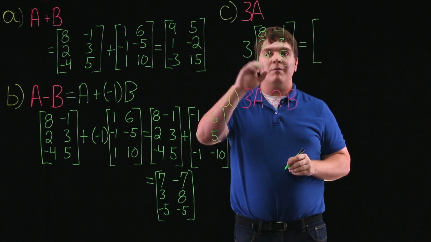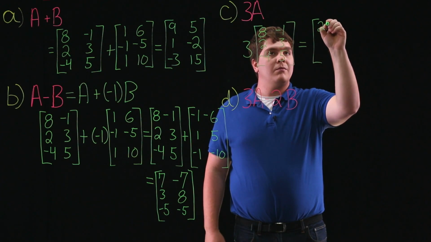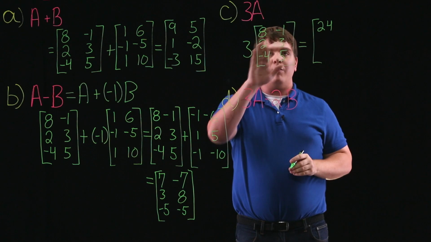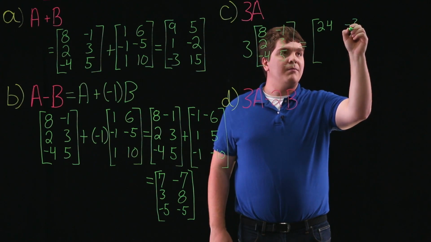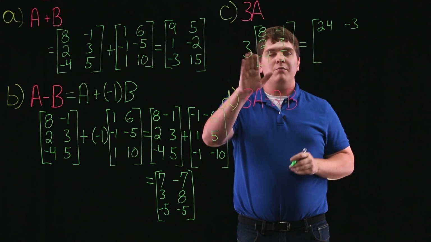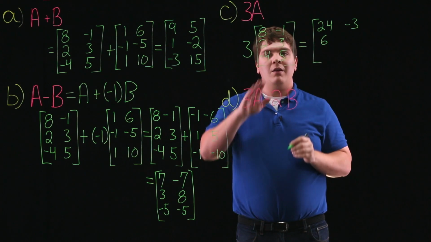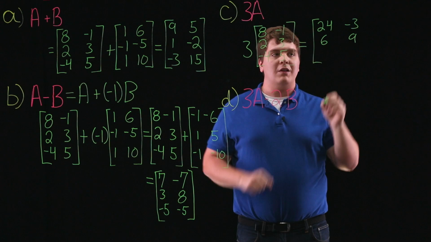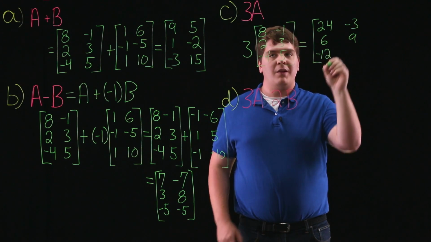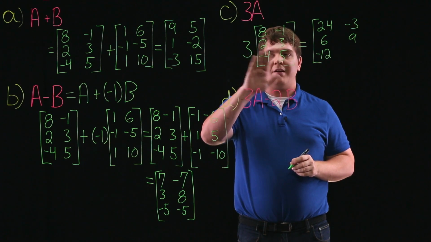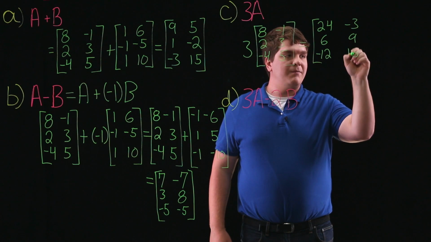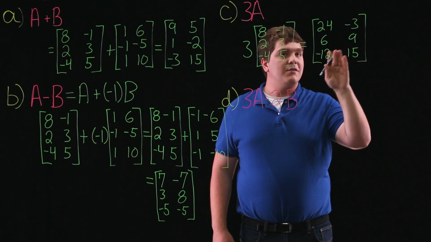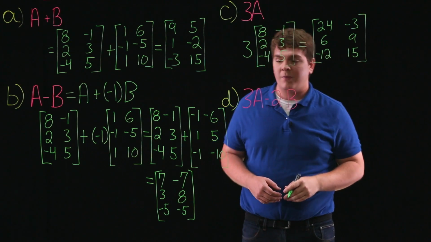So multiplying 8 by 3, we have 24. Multiplying negative 1 by 3, we have negative 3. Multiplying 2 by 3, we have 6. 3 by 3, we have 9. Negative 4 times 3 is negative 12. And finally, 5 times 3 is 15. So here's our matrix 3A.